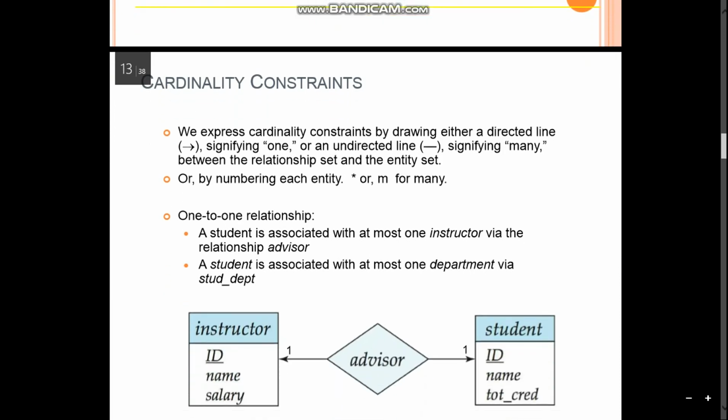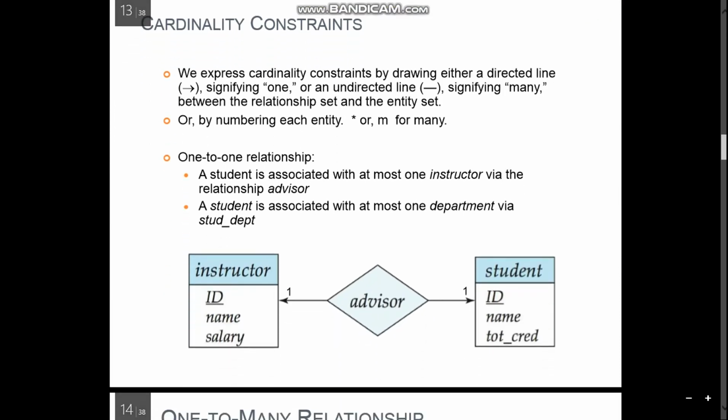Now on an ER diagram we can represent this by using different types of symbols for one-to-one relationship, one-to-many relationship, and many-to-many relationship.